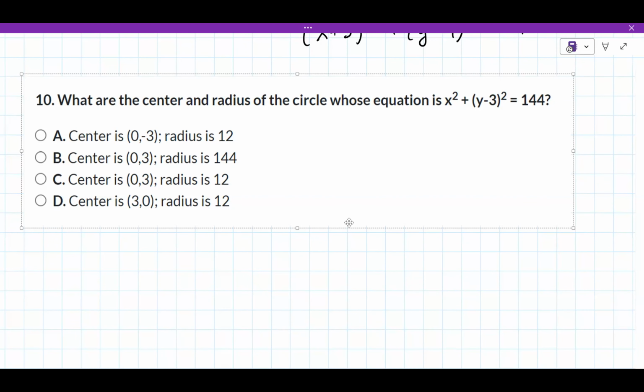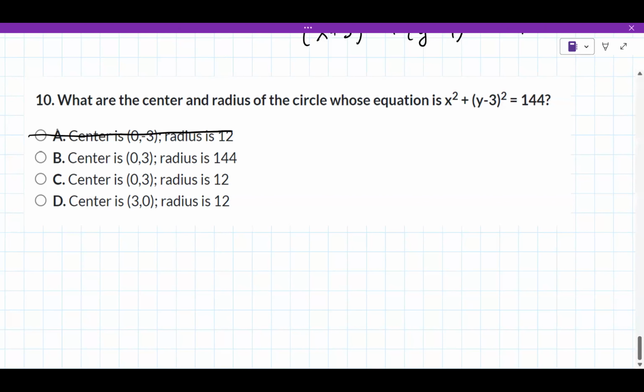I think the center is 0 comma 3. Okay, I would agree. So that gets you down to two answers. That's B or C. So you have to decide between those two numbers for the radius.